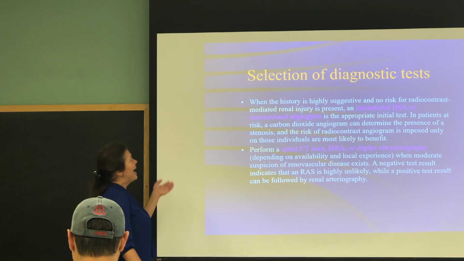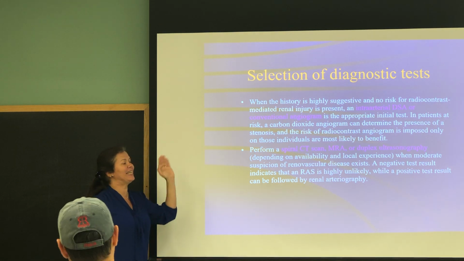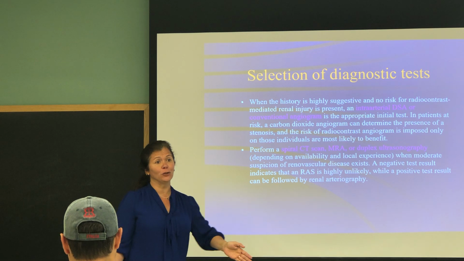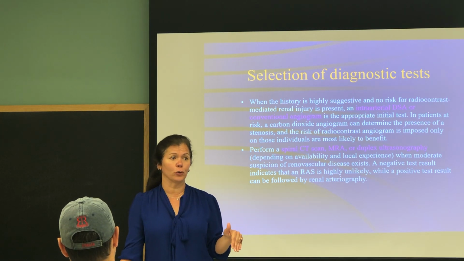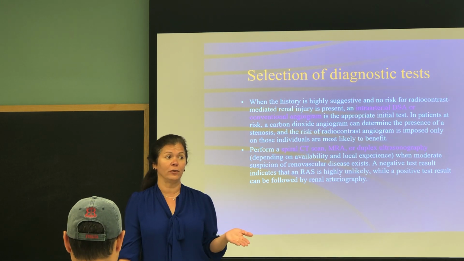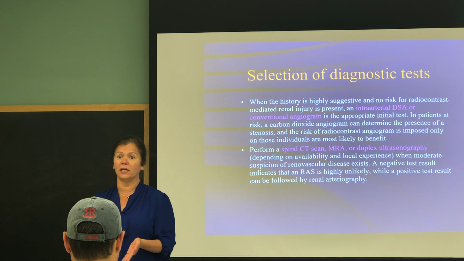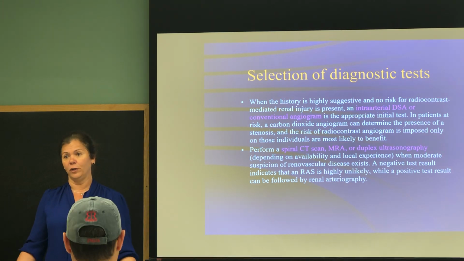So, again, how do you best select your diagnostic test? Unfortunately, even though renal arteriography and, second, CT angiography are the gold standard examinations for renal artery stenosis, the majority of the patients cannot have them done because they already come in with renal failure.